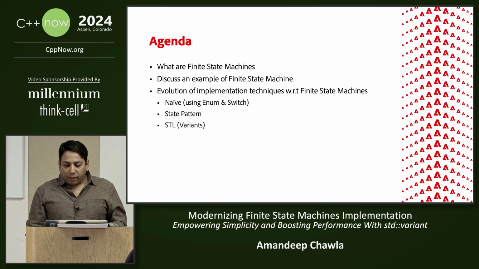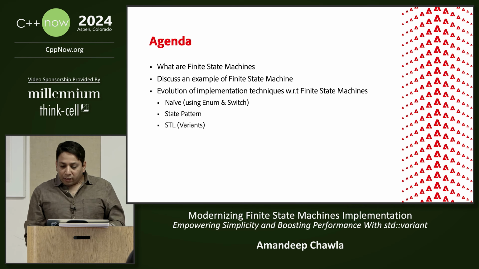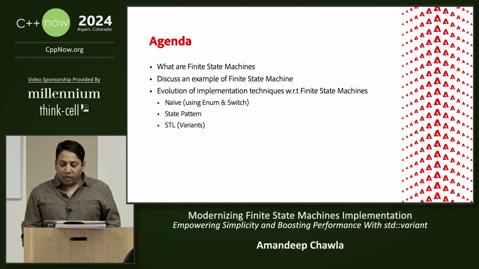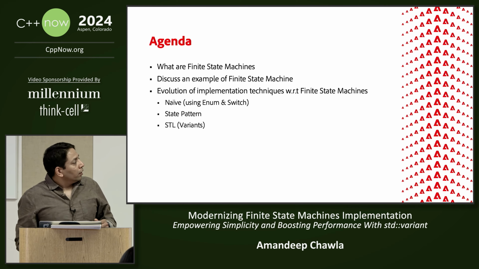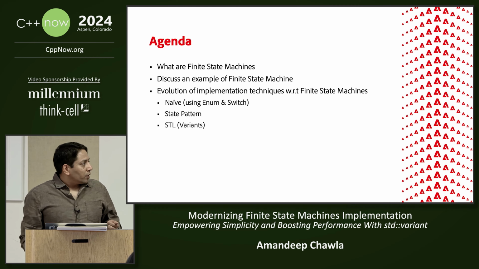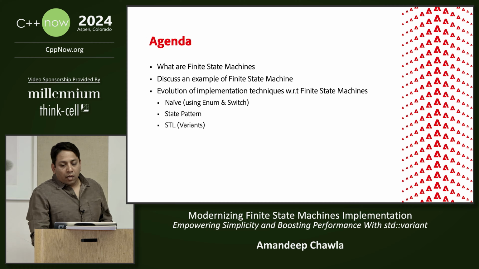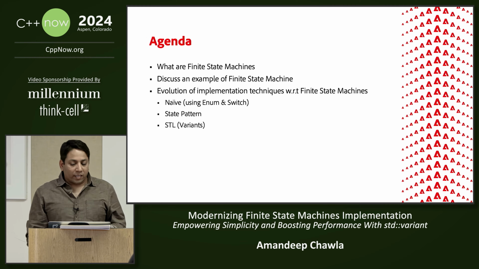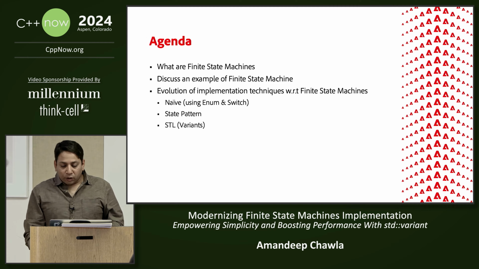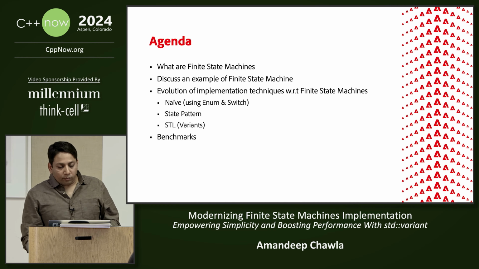Evolution of finite state machines, implementation techniques. We will discuss the progression of implementation techniques for finite state machines, including the naive approach using enums and switches, using state patterns, and utilizing STL variants for flexibility and maintainability. I will also be showing you some benchmark results. So we'll go into some performance numbers and compare their performance.